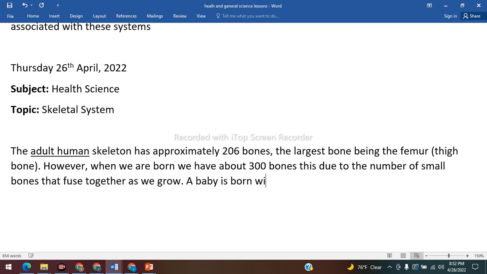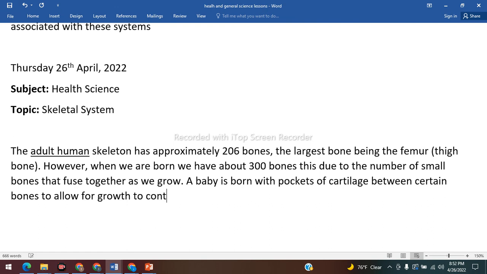A baby is born with pockets of cartilage between certain bones to allow for growth to continue. For example, the bones of the vertebral column.